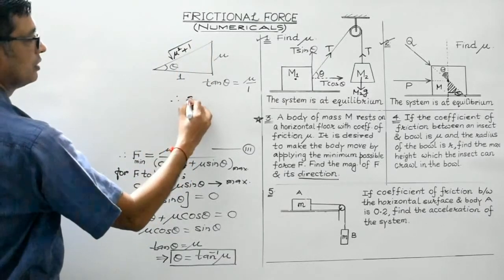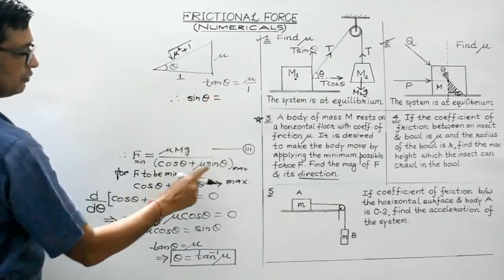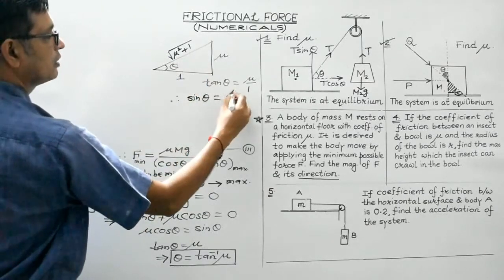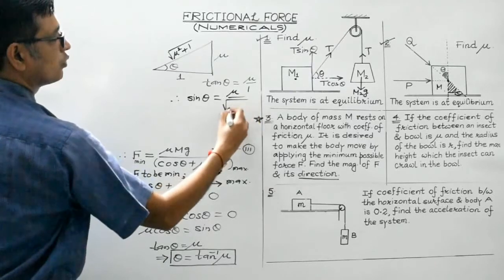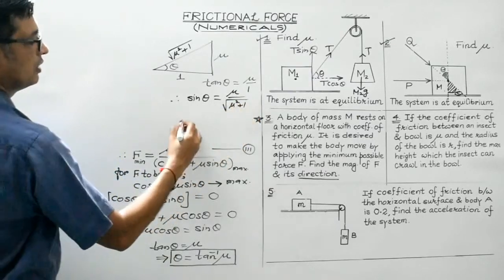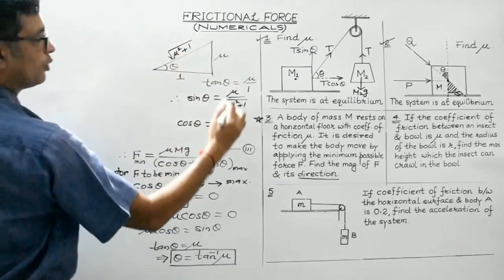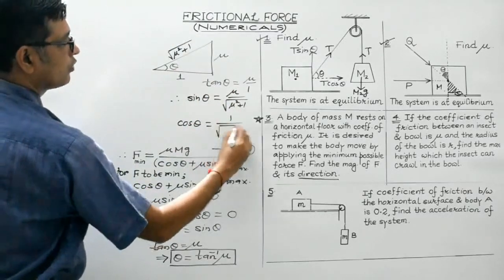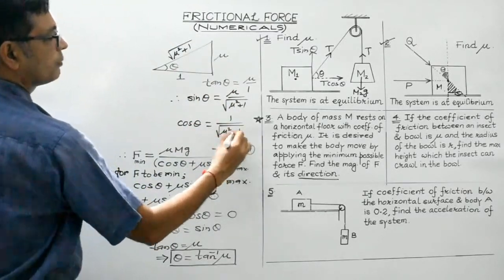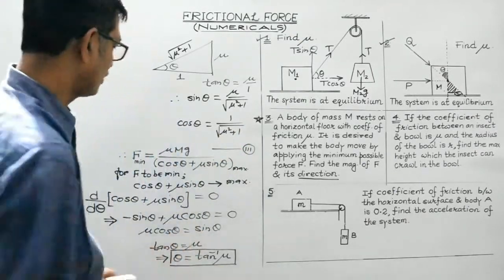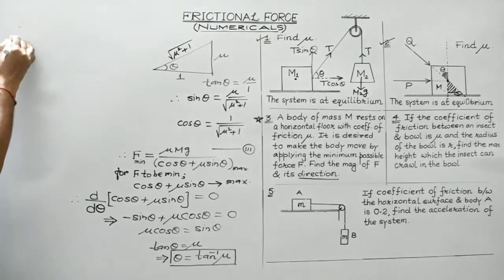Therefore, students, we require sin theta and cos theta. Sin theta would be perpendicular by hypotenuse, that is mu divided by square root of mu square plus 1. And cos theta would be base over hypotenuse, that is 1 divided by square root of mu square plus 1. Right? So we obtained both the values of sin theta and cos theta. Now let's find out F minimum.